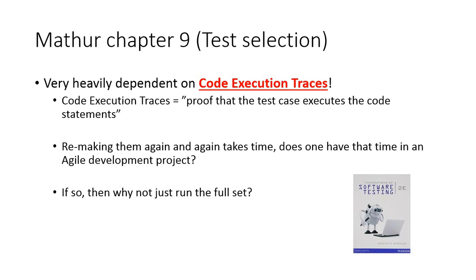And in an agile approach, you have to redo this a number of times during the project. Does one actually have that time? And if you really have that time, then why don't you run the full set? So I don't think that this approach that Mathur describes with code execution traces will work in an agile project today in a proper way when it comes to a very large scale system.